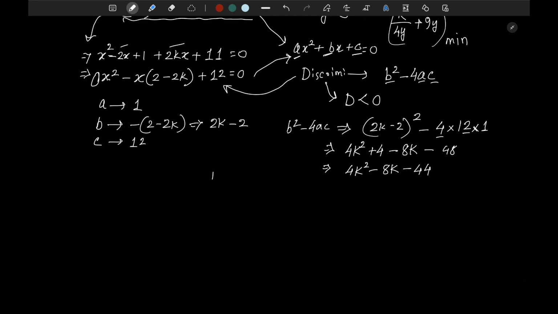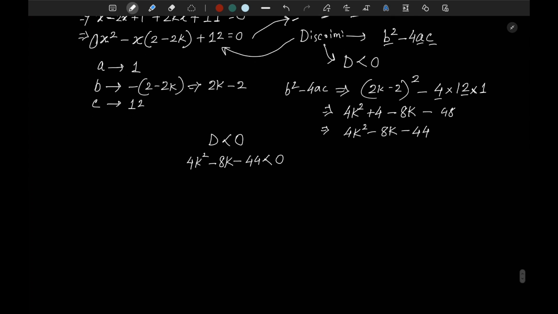Now we will write this in the inequation form. Your discriminant is less than 0, so 4k square minus 8k minus 44 is less than 0. We will divide both the sides by 4, so we will have k square minus 2k minus 11 is less than 0. Now we will understand something from here.